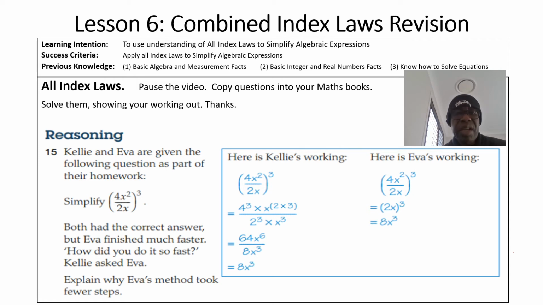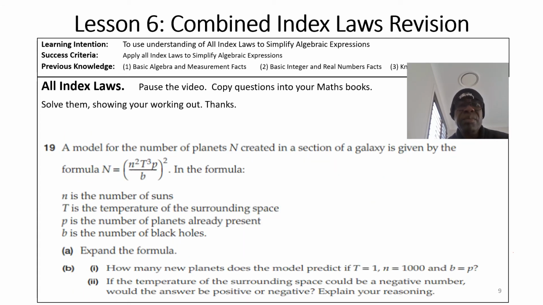We do the same here again. Let's pause the video again and copy this question in your maths books. Show working out, and then continue.